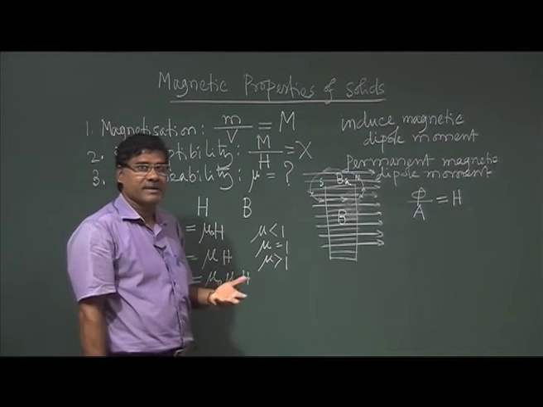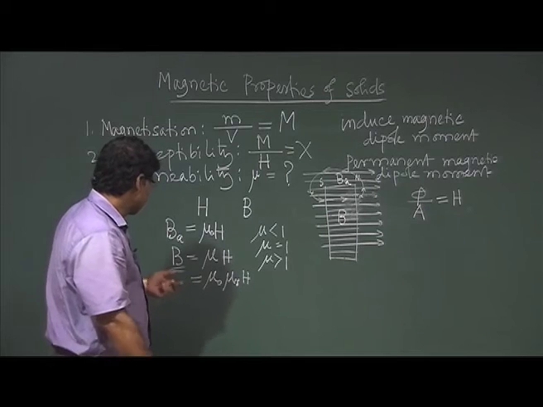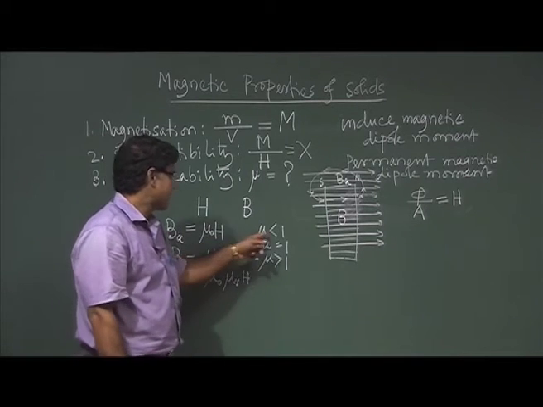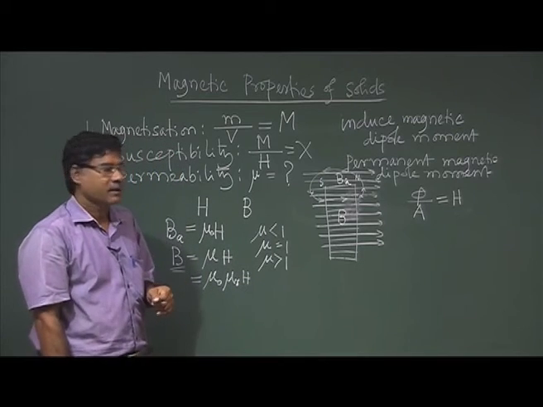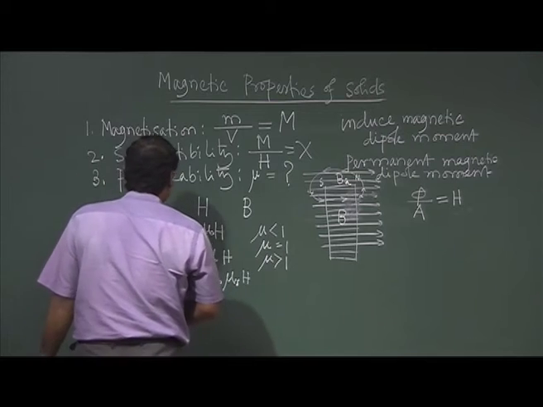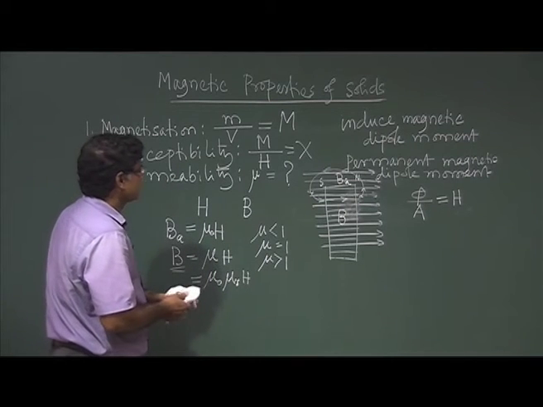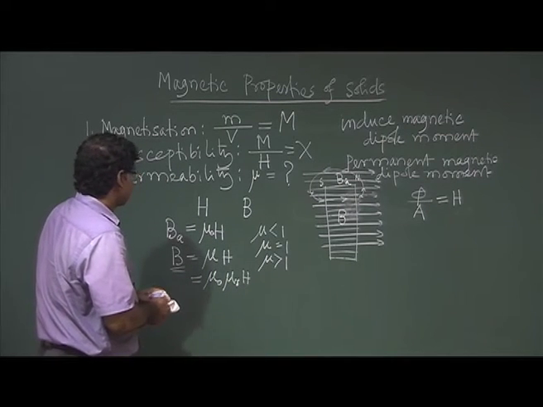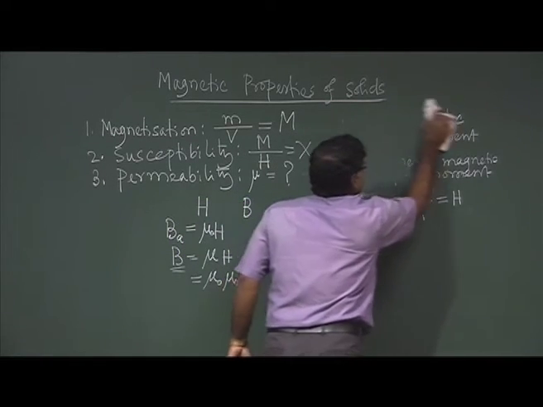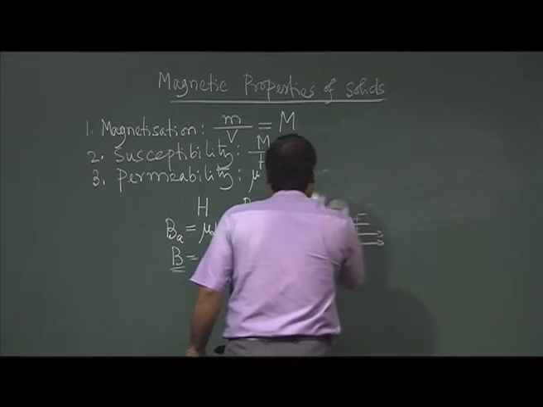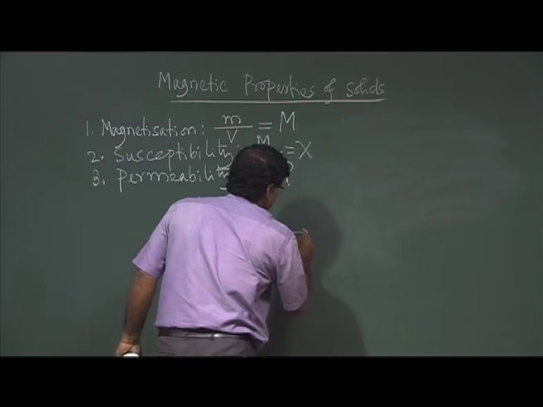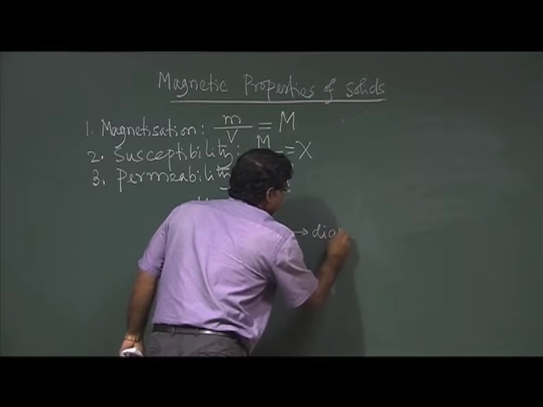So there are some materials where it is seen that this B is reduced, mu is less than 1. Okay. So that type of material is called diamagnetic material.